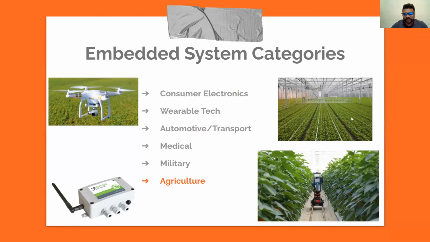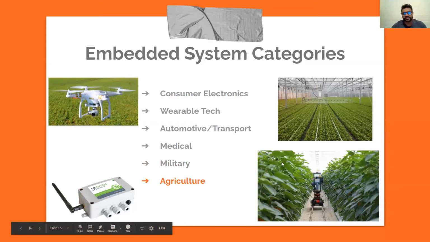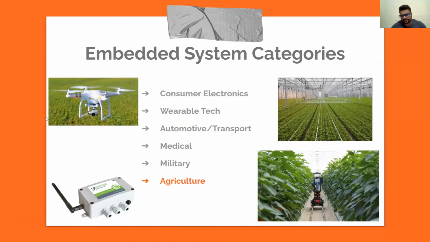I think in Sri Lanka we have the AI Grow project that is doing some smart farming, and here in Australia there are so many agriculture related startups and companies which invest heavily in precision farming and greenhouses and things like that.